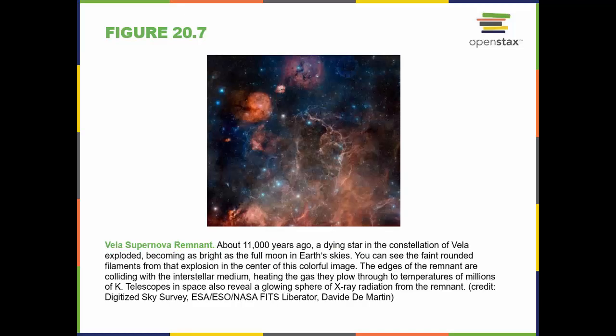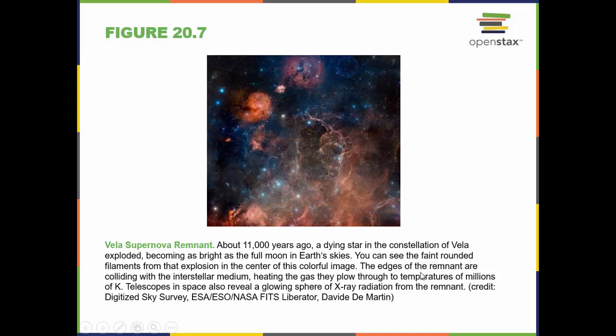So if we look at this Vela supernova remnant, about 11,000 years ago, a dying star in the constellation Vela exploded, becoming as bright as the full moon in Earth's skies. And you see faint surrounding filaments from the explosion at the center of these colorful images.